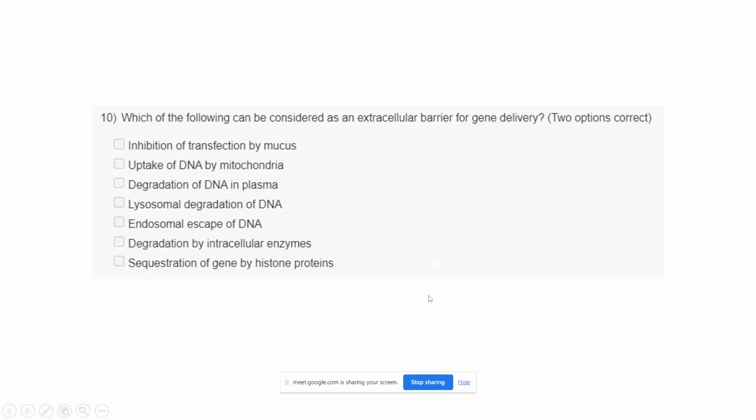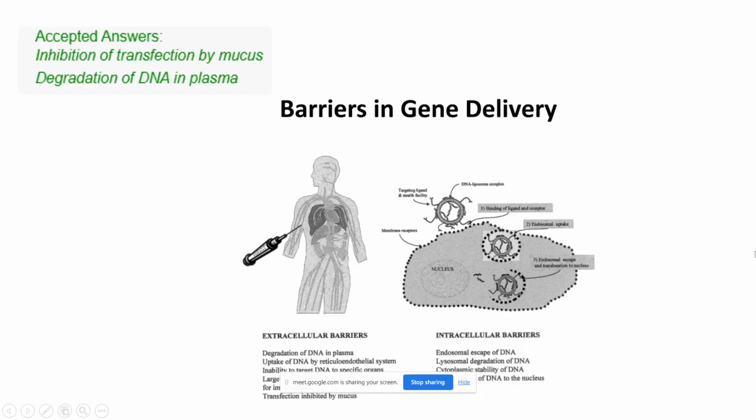Yes, 1 and 3 are the correct options: inhibition of transfection by mucus and degradation of DNA in plasma. So here are the main barriers in gene delivery. Extracellular barriers include degradation of the DNA in plasma, uptake of DNA by the reticuloendothelial system, inability to target DNA to specific organs, large infective via the oral route except for immunization, and transfection inhibited by mucus.